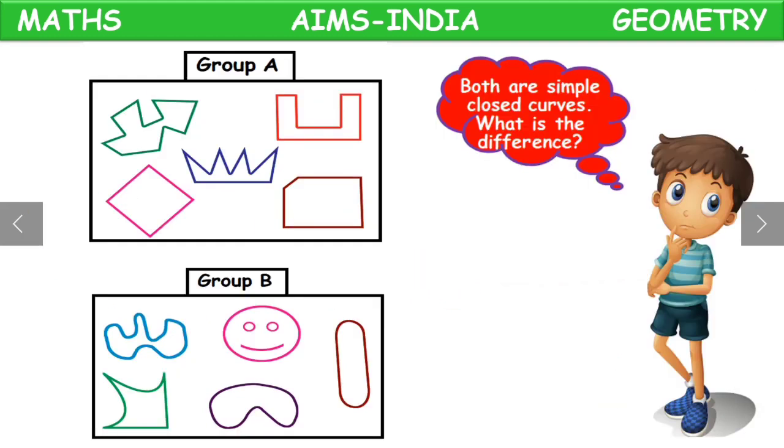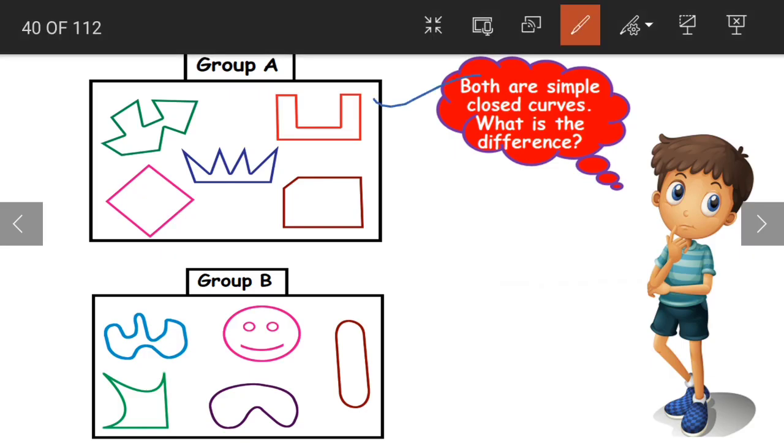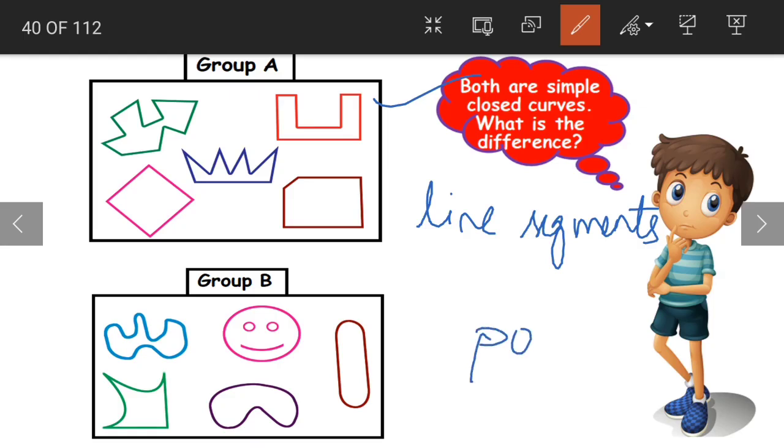Now we all know that this is a simple closed figure, and as this simple closed figure is only made of line segments, it is called a polygon.